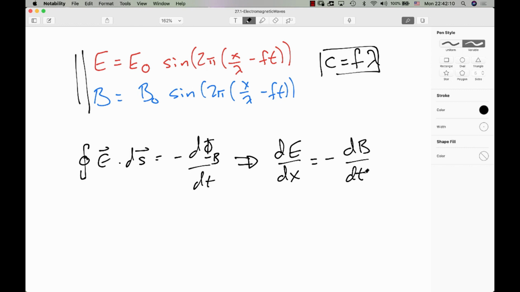All right, so we have our equations for the wave, so we can go ahead and stick each equation into each piece.